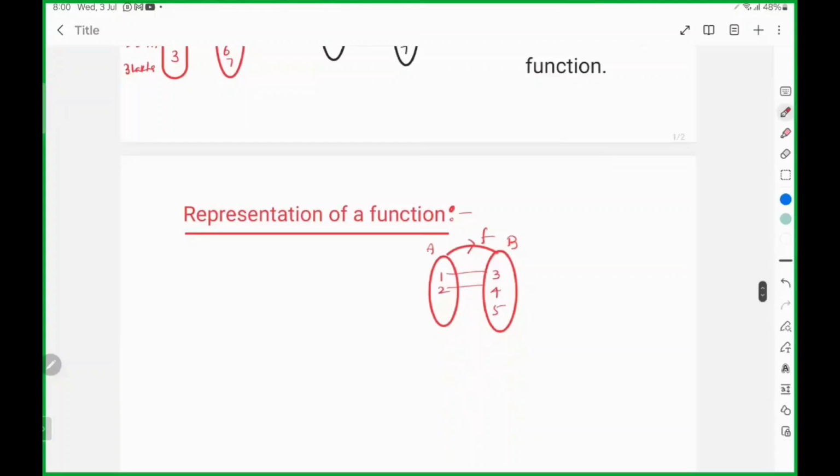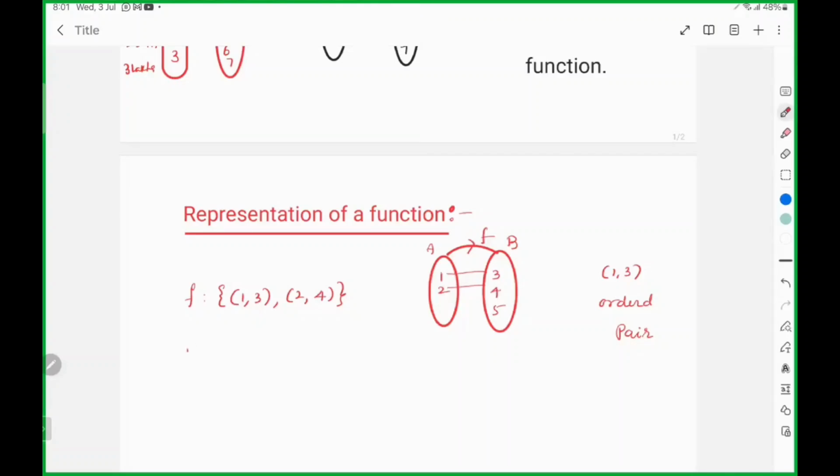How to represent this function: in flower brackets, element 1 has image 3, so this 1 comma 3 we call an ordered pair. Another element, 2 comma 4. This is how we represent a function.